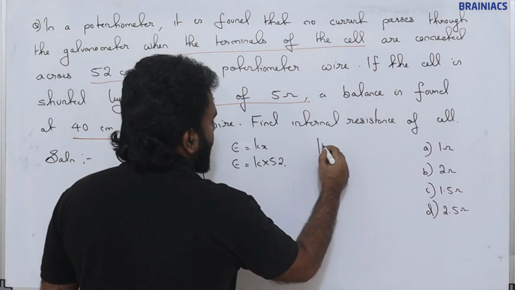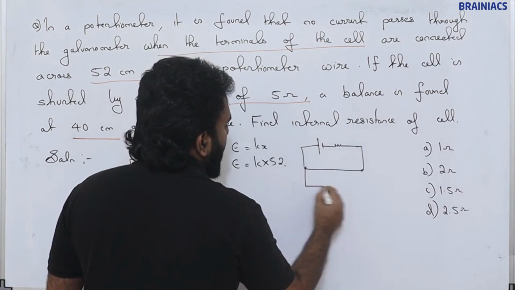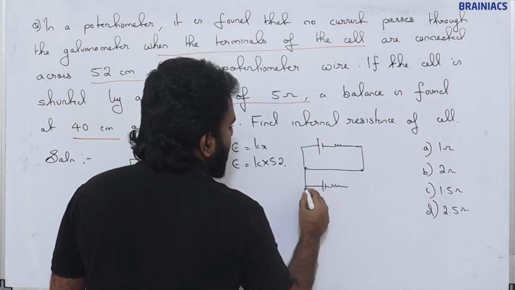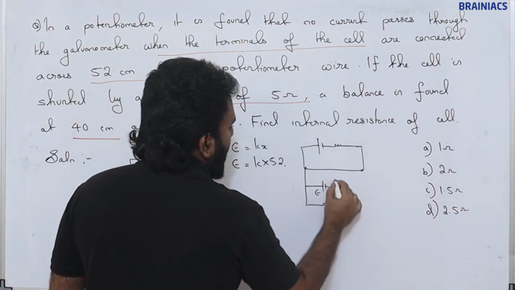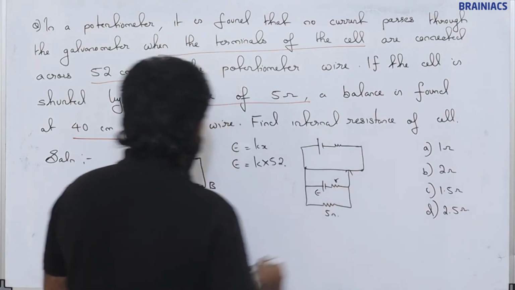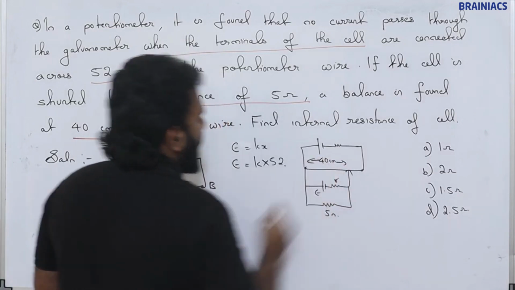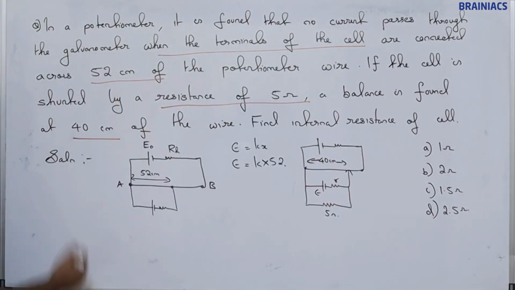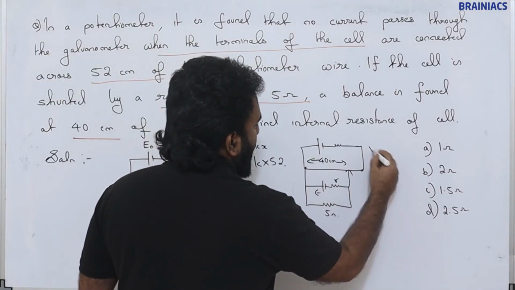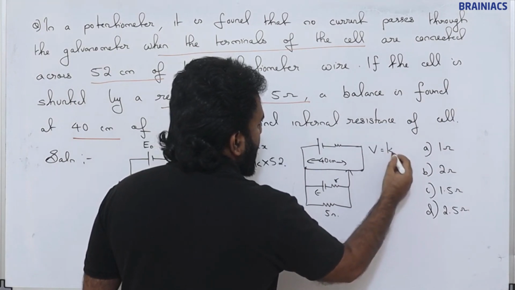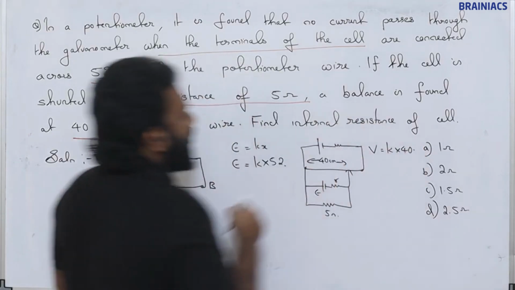Second case is the same. Here along with this cell and its internal resistance, we have connected a shunt resistance of 5 ohm, and again we got the balancing length at 40 centimeter. So here, what is the internal resistance they are asking? In this case, this voltage V is equal to K into another length, which is nothing but 40 centimeter.